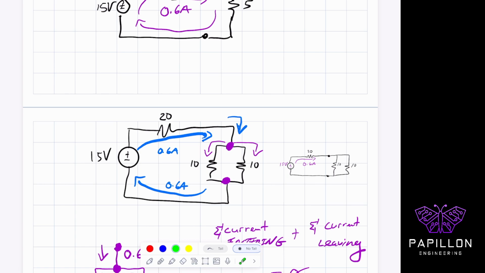So think about this as water. If you had a pool, and from your pool leaves a large pipe that's 20 inches wide, then it gets to a junction where there are two pipes. One is 10 inches wide, one is 10 inches wide, and they're going at 0.6 gallons per hour. Hopefully our instincts say that because both pipes are 10 inches and 10 inches, there'll be an equivalent amount going through both sides.